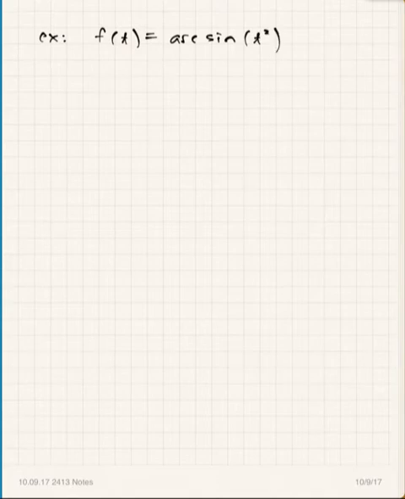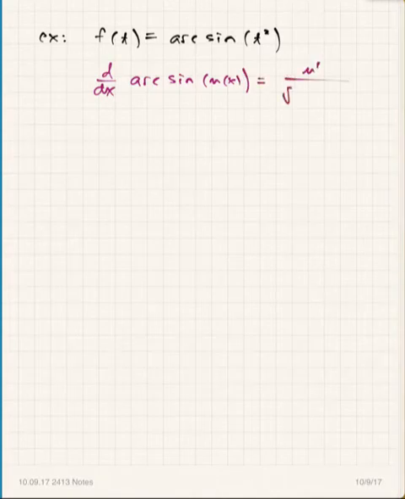So what do we have here? We have a form that we wrote down a few minutes ago that we derived, that the derivative of arcsine of u of x was equal to u prime over the square root of 1 minus u squared. Just kind of abbreviating things there a little bit. So in our problem, our u is going to be t squared, right?